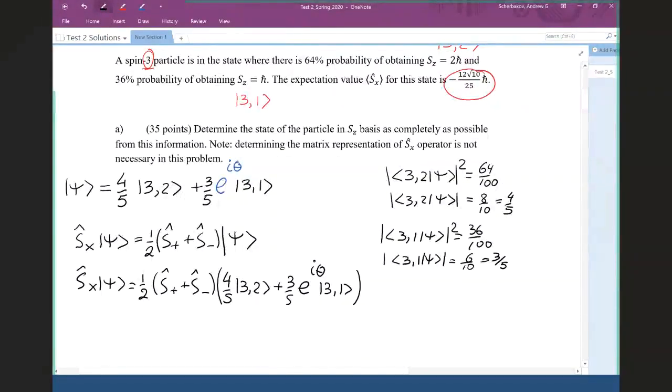Here you go. Now we apply the raising and lowering operators to the states.